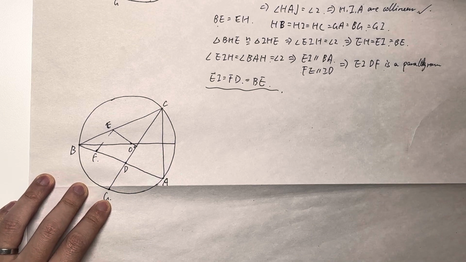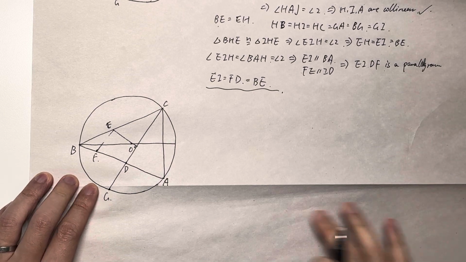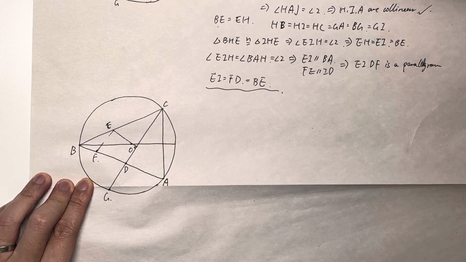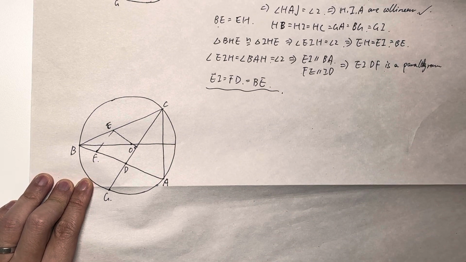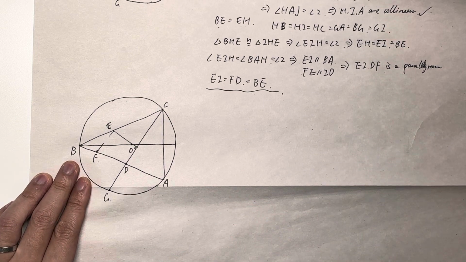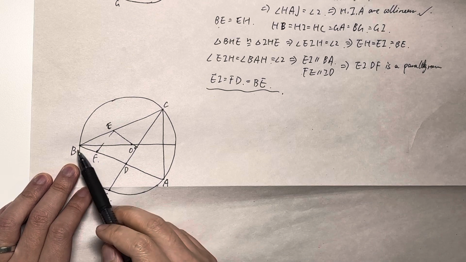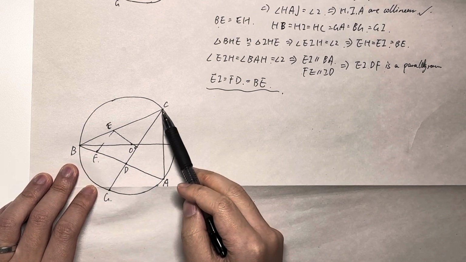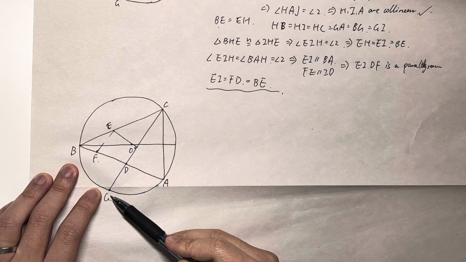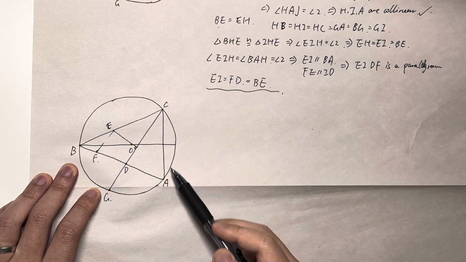Remember that I said when we see a perpendicular line, the first thing we should do is to find another perpendicular or another 90 degree and try to relate them together. What we can easily find for a 90 degree here, because we already know that BA equals BC, and we know that CG is the angle bisector of angle BCA.